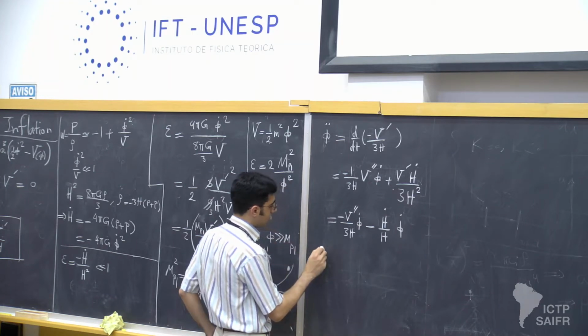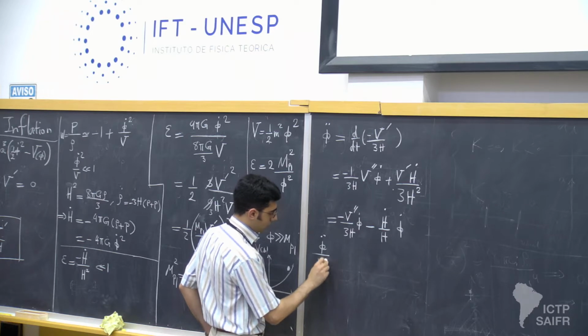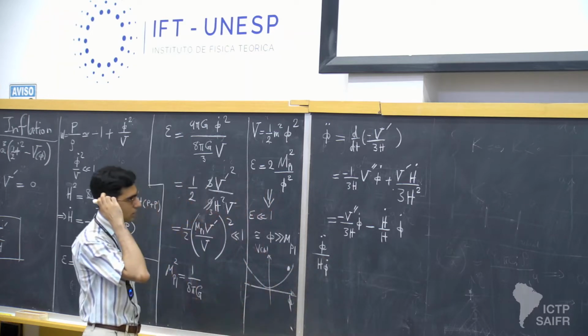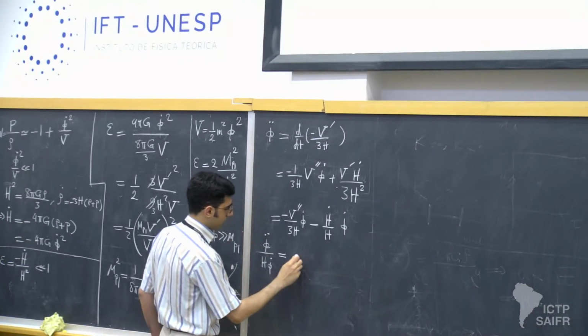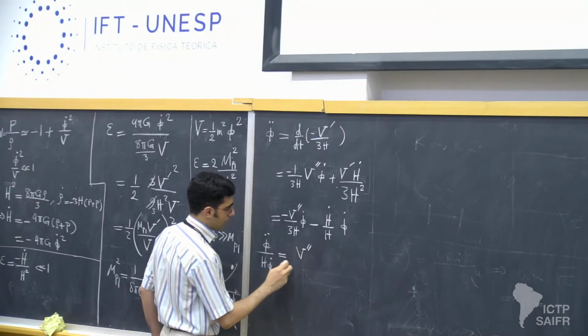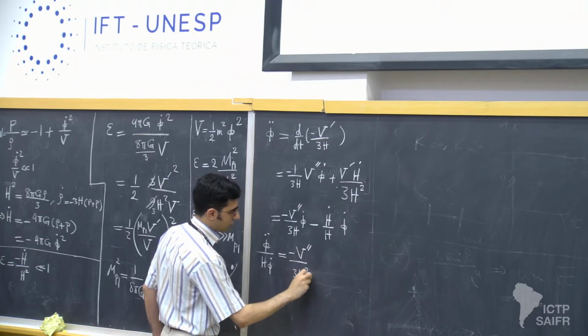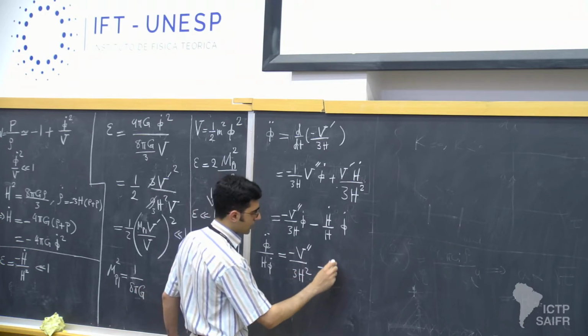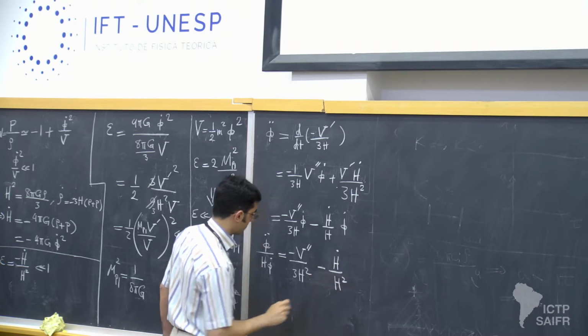So for instance, if I look at phi double dot divided by h phi dot, what do I get? This is going to be v double prime over 3h squared minus h dot over h squared.